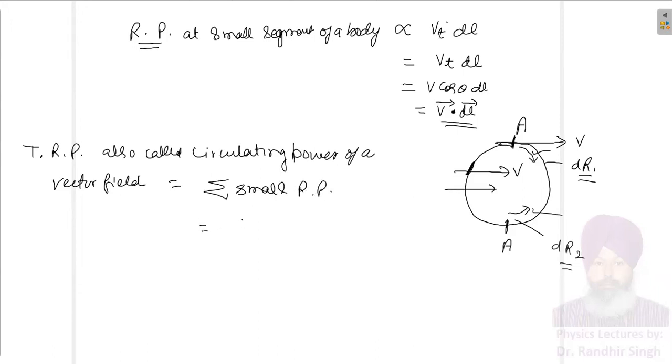That is over the whole boundary, because this boundary is a closed path. So I would put a circular path integral of V vector dot dl vector. This is called rotational power, or also called circulating power.